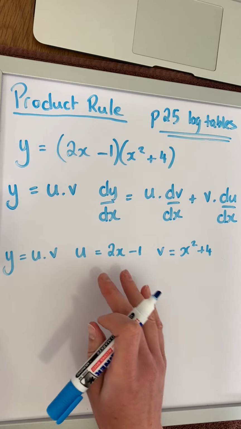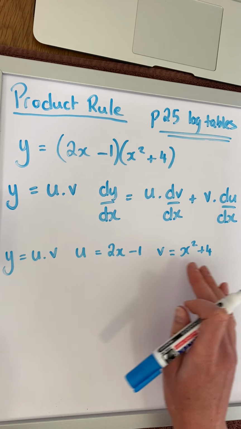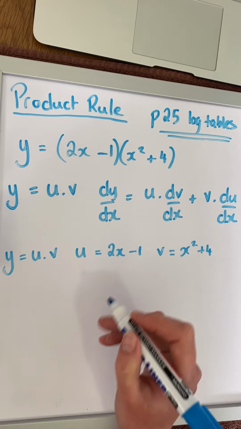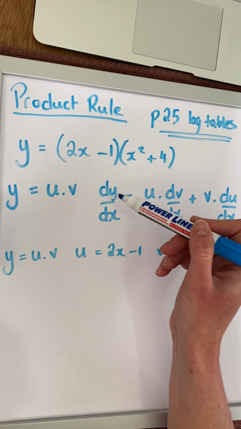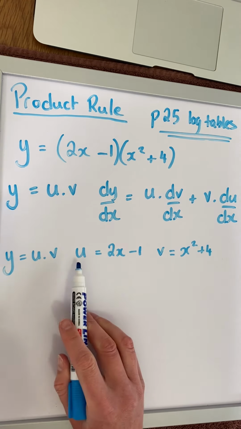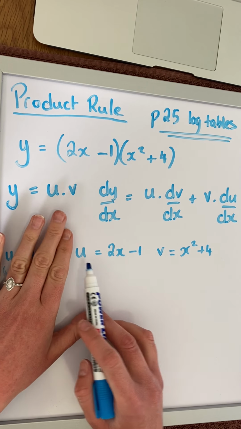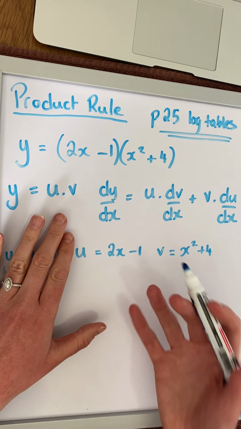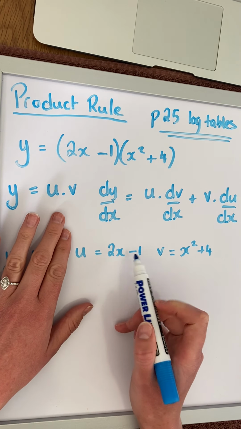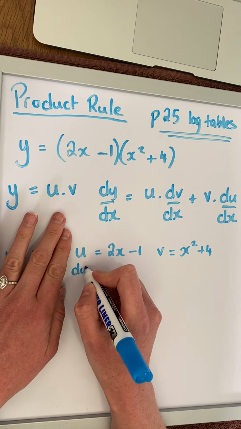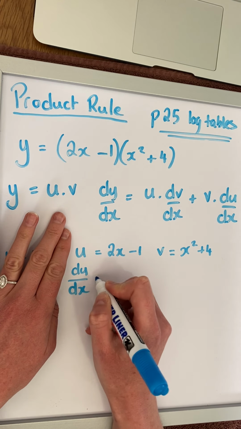The next step is to differentiate our sections separately. Now remember, the derivative, dy/dx, means the rate of change of y with respect to x. Here we don't have a y, so we can't find dy/dx of this function. We have u is equal to 2x minus 1, so we find the rate at which u changes with respect to x.